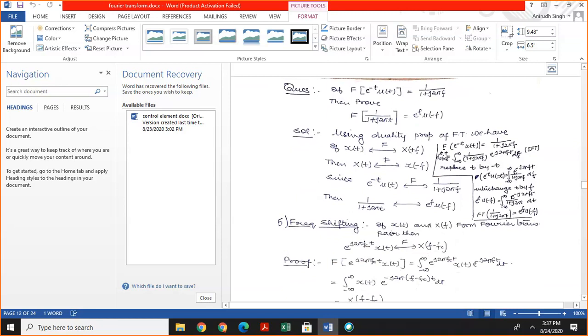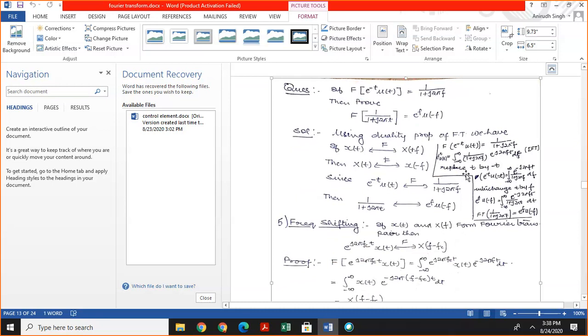So the Fourier transform of exponential minus t u of t is given by this. So we can write x of t, exponential minus t u of t, as the integral from minus infinity to plus infinity of 1 by 1 plus j2 pi f multiplied by exponential j2 pi ft df. This is the inverse Fourier transform.